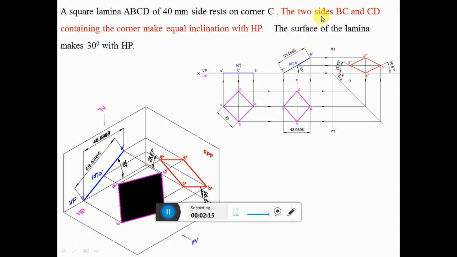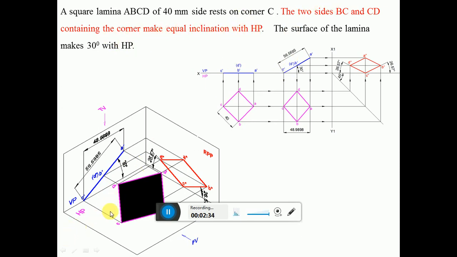But the two sides BC and CD containing the corner make equal inclination with HP. The equal inclination with HP can be seen because this is perpendicular to VP. Only in the profile view can we see that the two sides BC and CD containing the corner make equal inclination with HP.